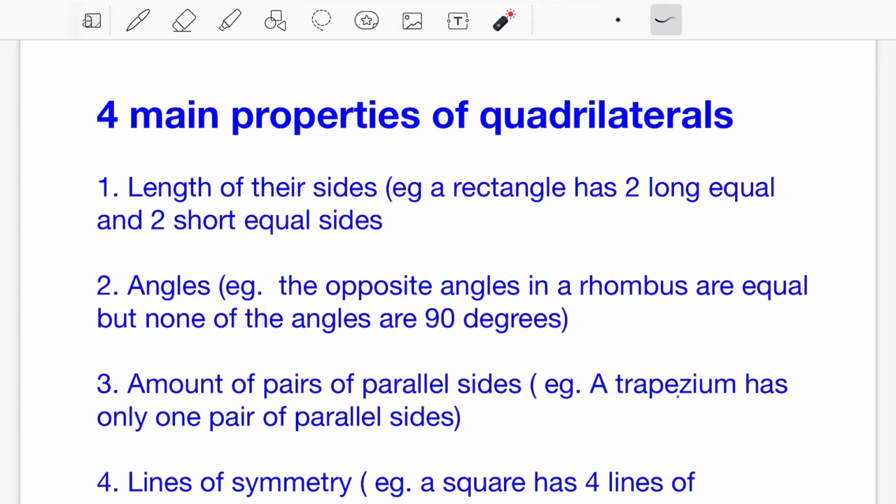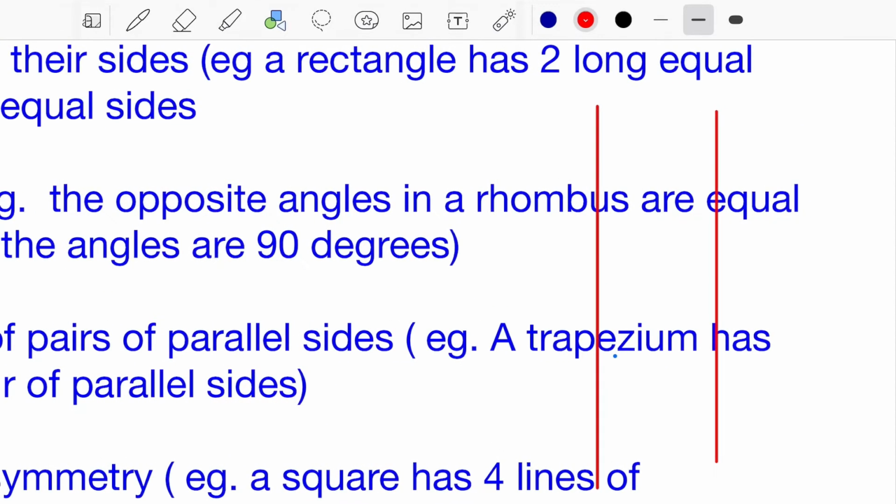Number 3, the amount of pairs of parallel sides. So parallel lines, I would hope at this point that you know what parallel lines are, but let's briefly recap. Parallel lines are simply lines that go in the same direction. They maintain an equal distance apart, and they go in the same direction.